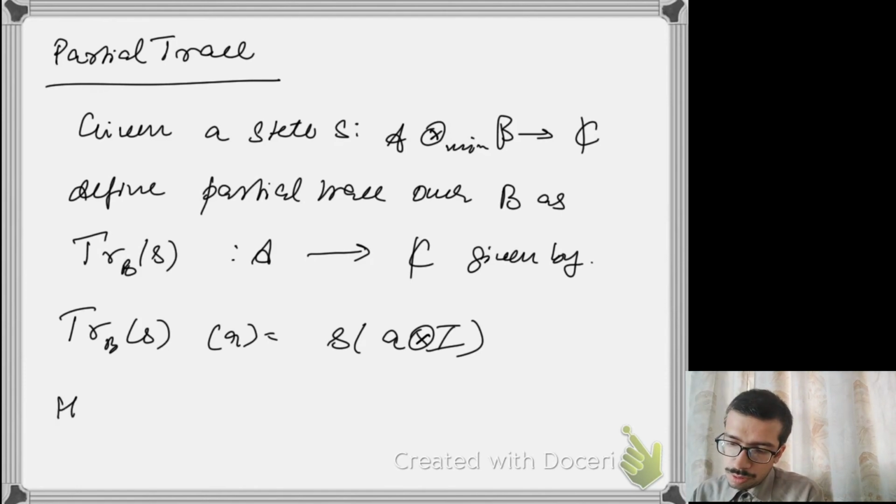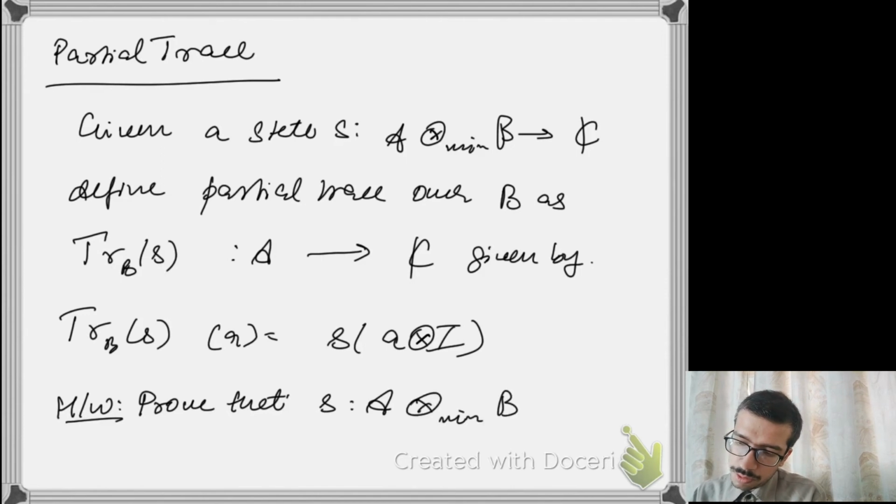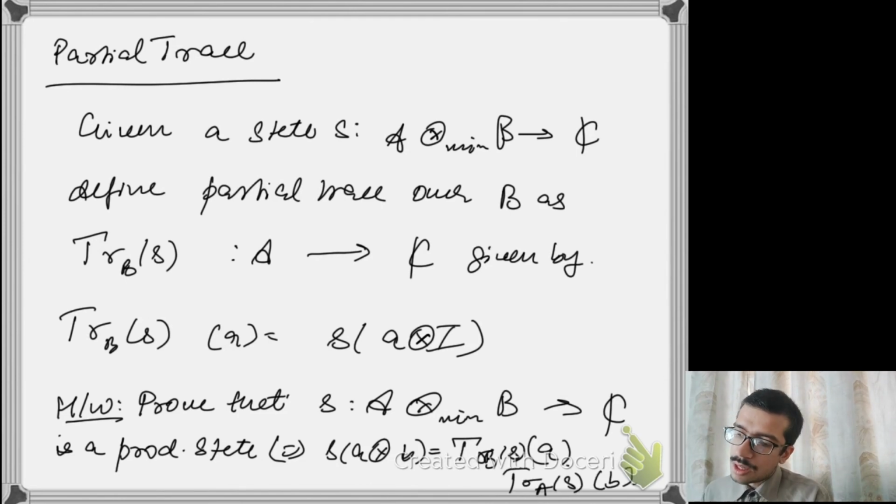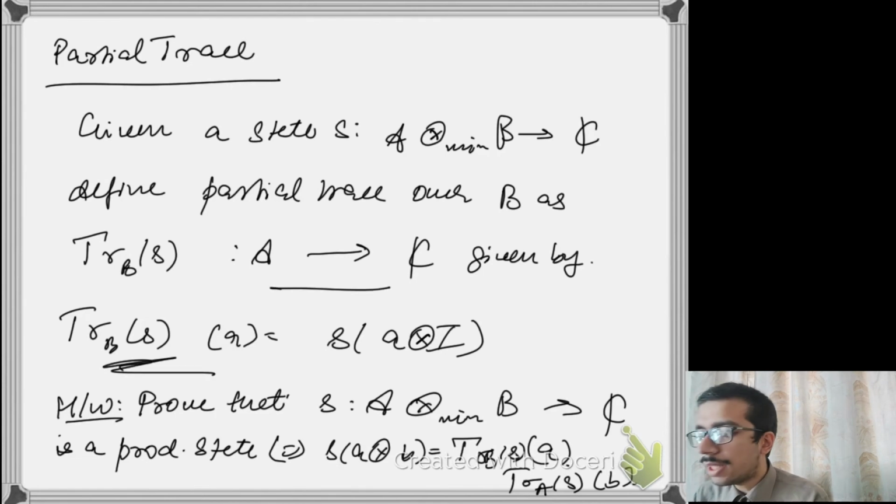So homework for you is to prove that S from A tensor min B to C is a product state if and only if S of A tensor B equals trace B of S acting on A times trace A of S acting on B. If you take a partial trace over a system B, then I can define what it means to measure over the first register only, in which case I take the measurement operator on the second register as identity.